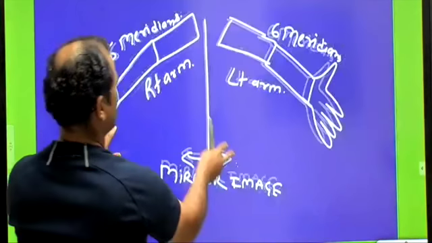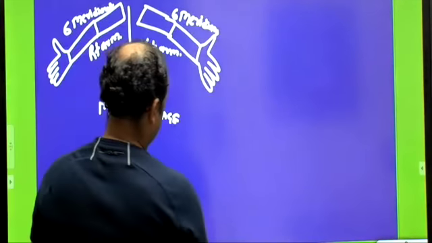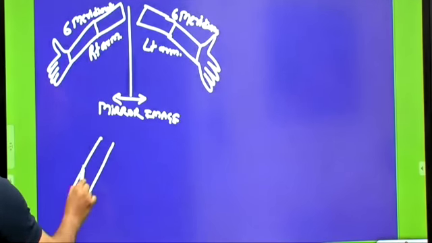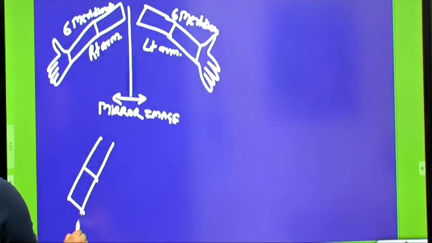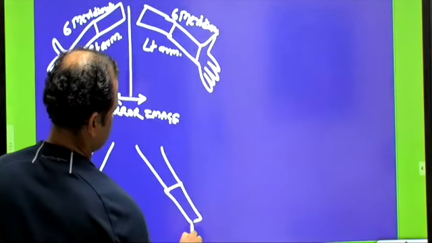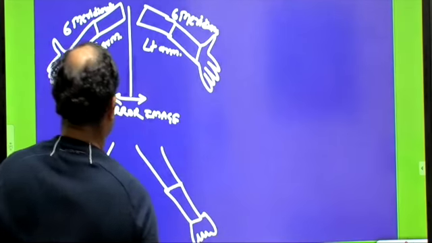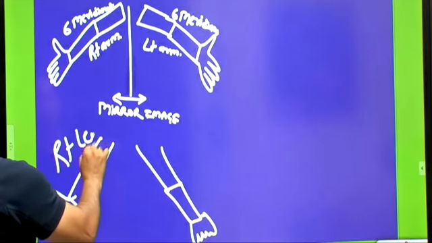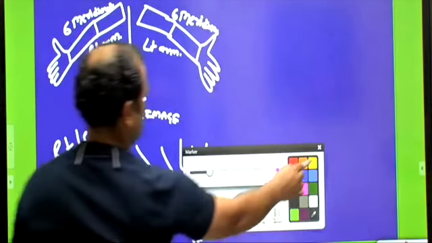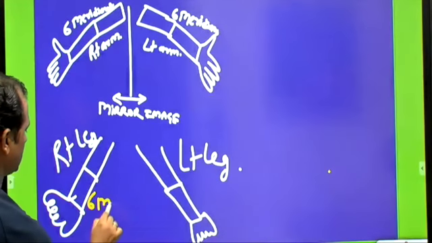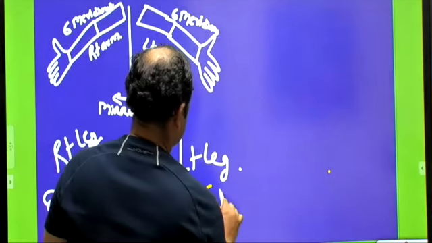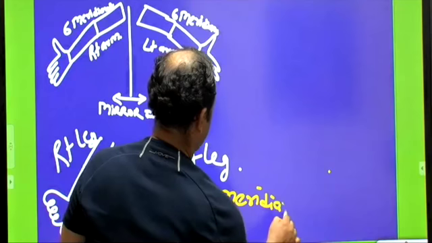In the same way, if we talk about the legs, the right leg and the left leg, even in the legs we have 6 meridians in the right leg, and the same mirror image, the 6 meridians in the left leg.